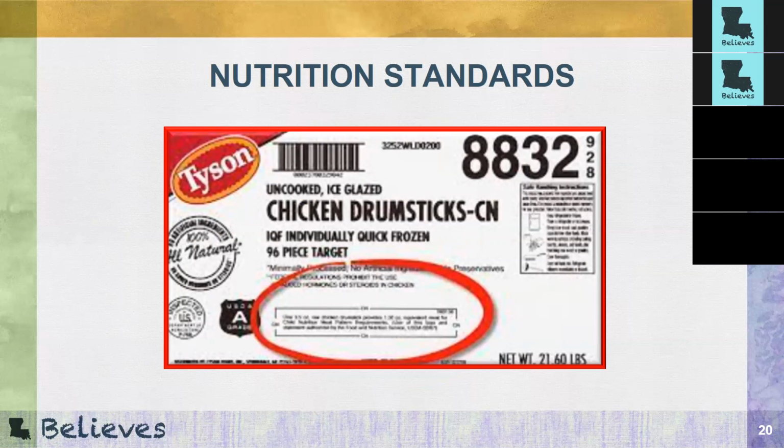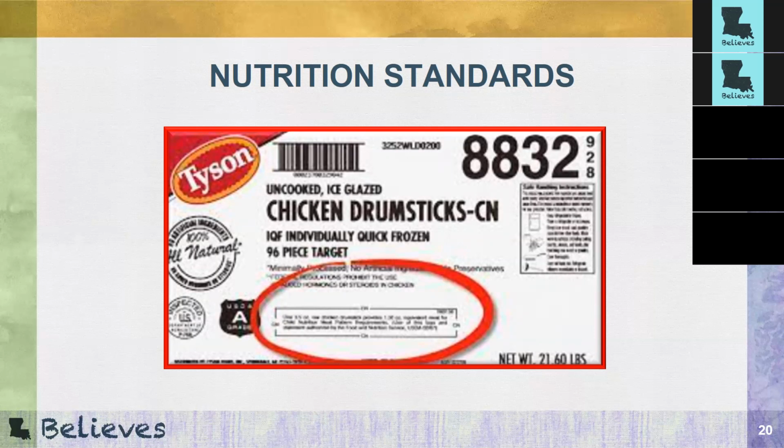The nutrition standards are the minimum or maximum nutrient or ingredient requirements or limitations. For example, your product specification might state that 2 chicken drumsticks must equal at least 2 ounce meat alternate.